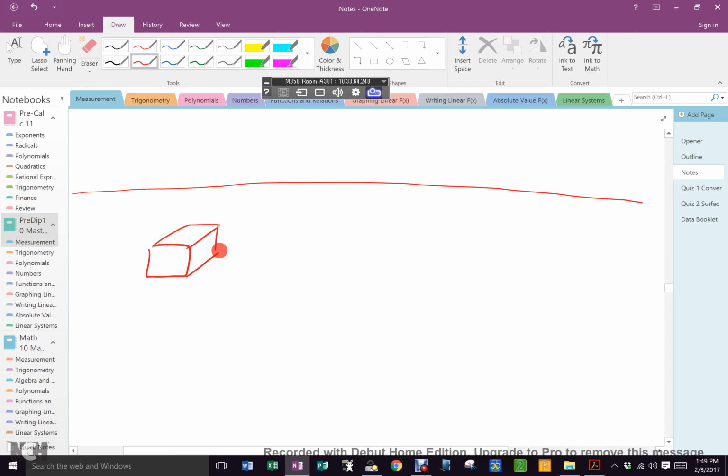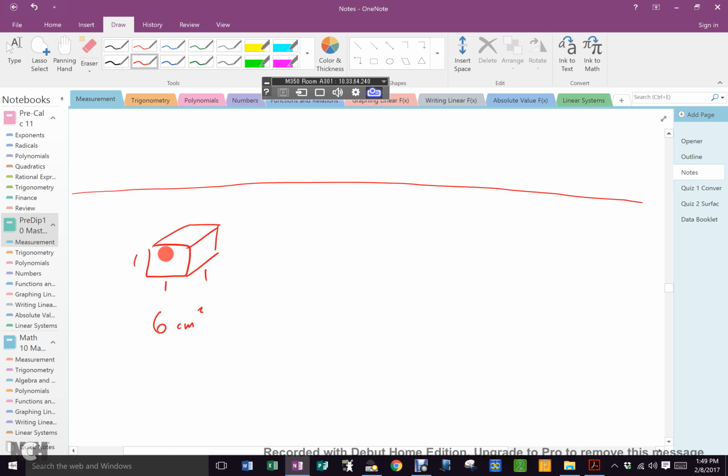Cube, yes? That cube is 1 by 1 by 1. Everyone okay with that? So what's the surface area of that cube? No, that's the volume. The surface area of this is 6. Let's call it centimeters squared, right?